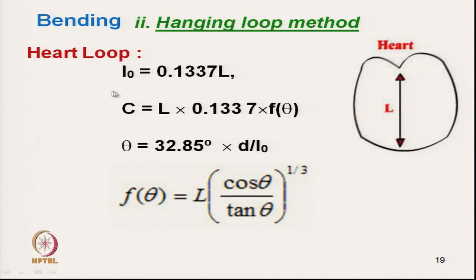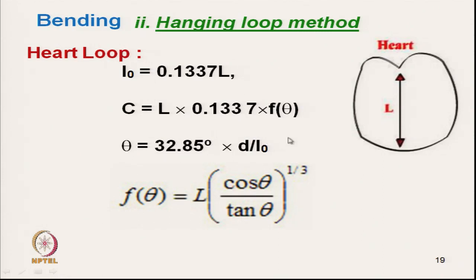From there L 0 equal to 0.1337 L, where L is the length of the strip and L 0 is a smaller length. So, C equal to L multiplied by 0.1337 multiplied by function of theta, and theta we can calculate, which is again a function of deflection.